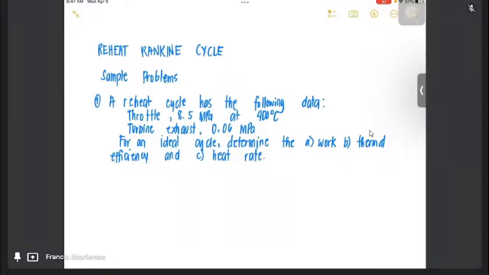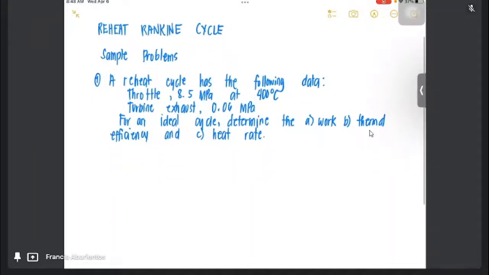We have the turbine exhaust at 0.06 megapascal. So, for an ideal reheat cycle, we need to determine the work, the thermal efficiency, and the heat rate. Okay. So, ano yung isosolve natin dito, class?